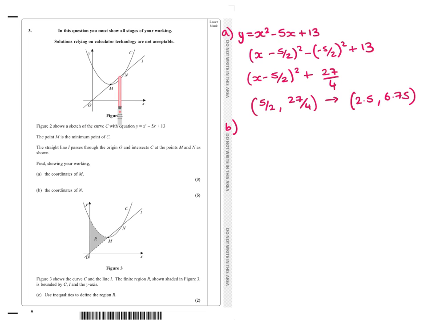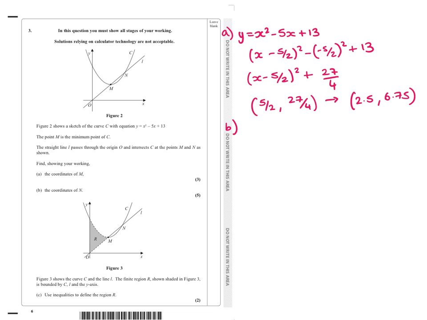Okay? So, we can find the equation of the straight line. We then know that N also happens to be on the equation of the curve. So then, what can I do? I can put them equal to each other. Okay, there's a few different ways to do this. It is worth 5 marks.